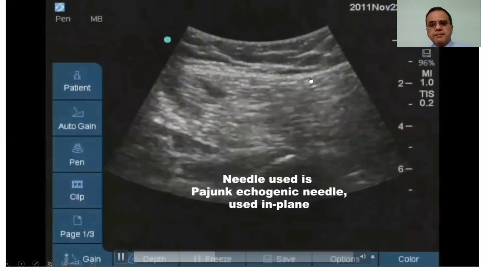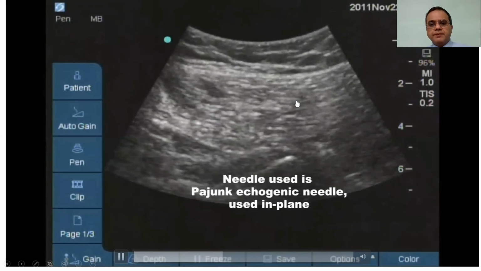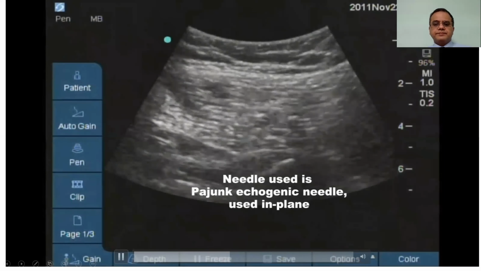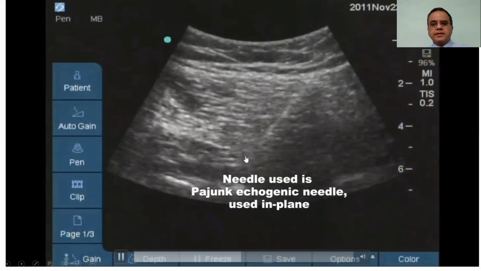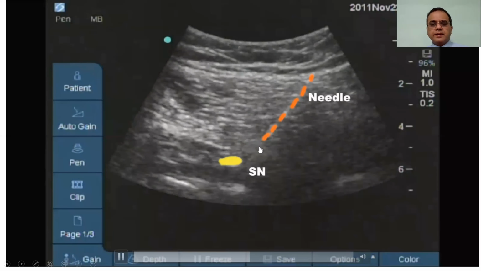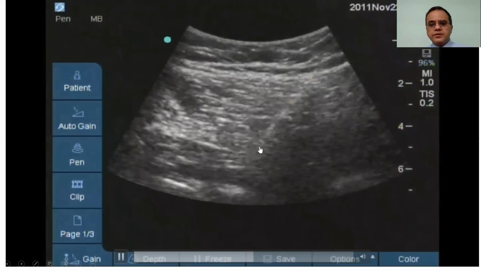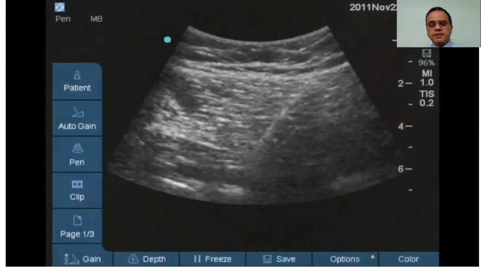Needle is used in plane, so you can see the needle approaching the nerve. The nerve is just over here and the needle is coming from this side. I use nerve stimulator always because it's a deeper block, and I like to have the additional safety feature of a nerve stimulator.